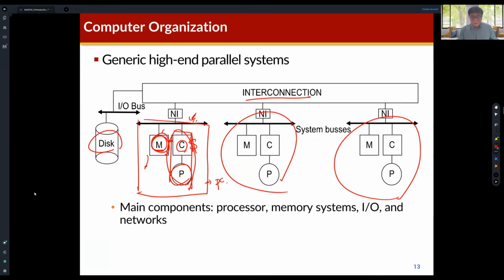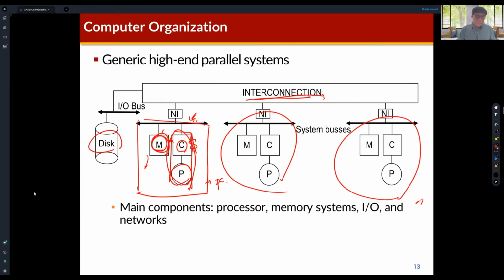Then these processors are connected via an interconnection, a common interconnection bus. So this is the typical organization of high-end, high performance server systems. Okay, then what can you find here?